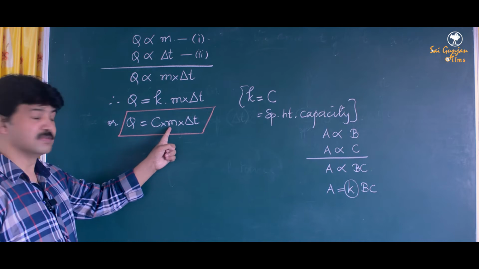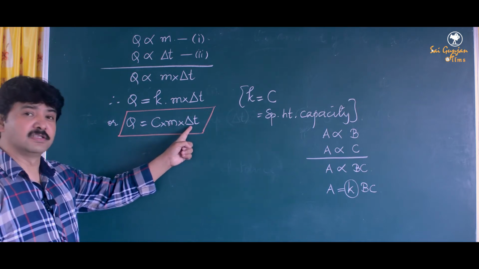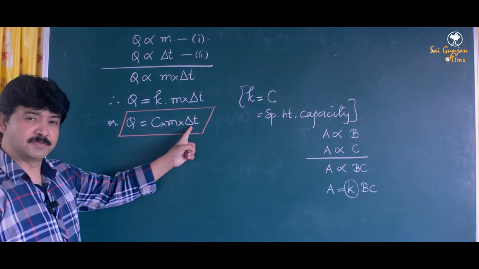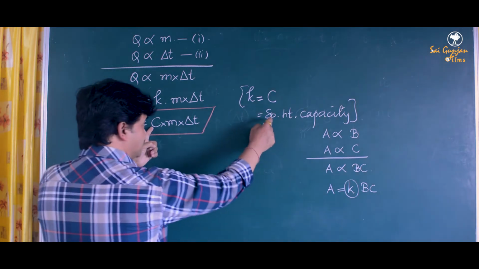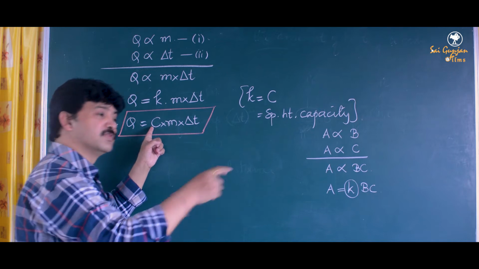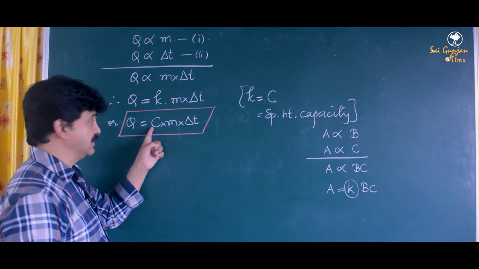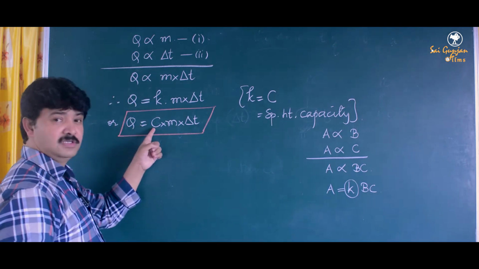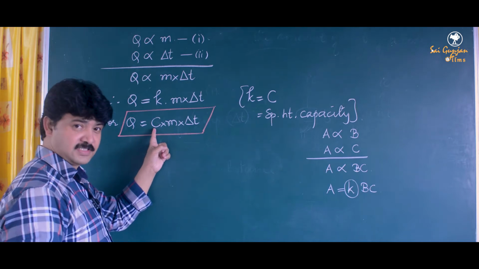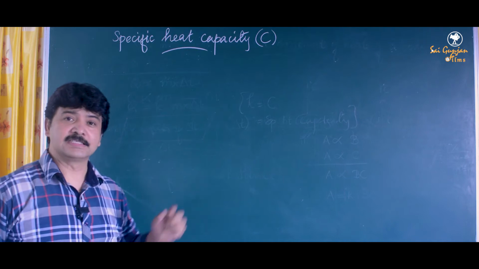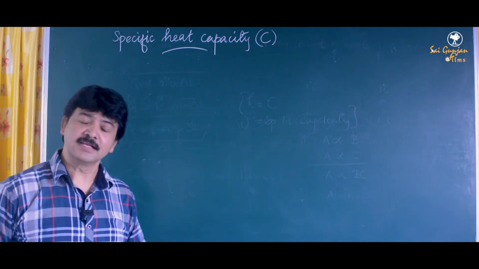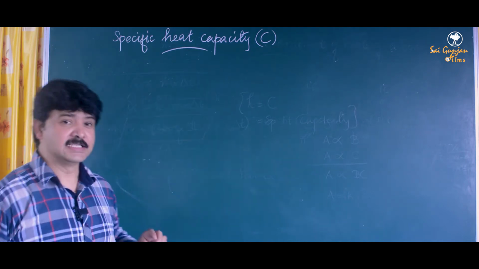It depends on mass, it depends on the difference of temperature, and C is the specific heat capacity, and this specific heat capacity is different for different substances. That's why we say the amount of heat depends on the nature of the substance, that means the specific heat. So our new topic is specific heat capacity, and that is denoted by C.